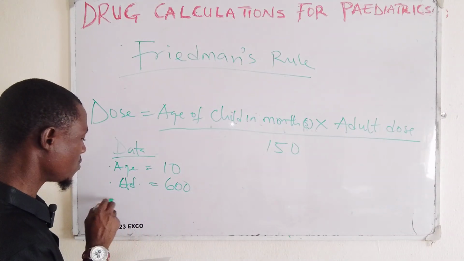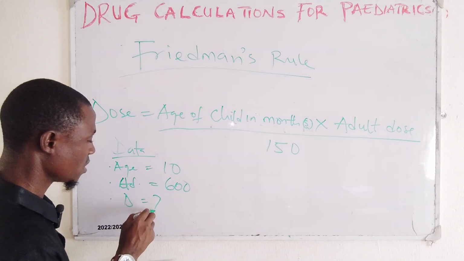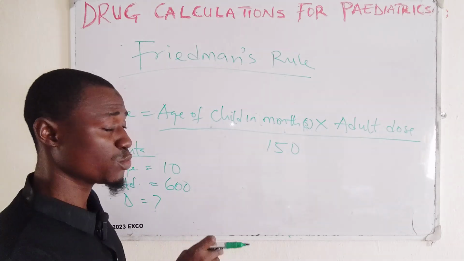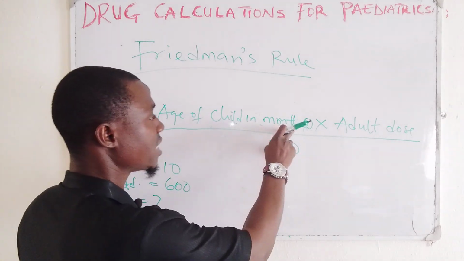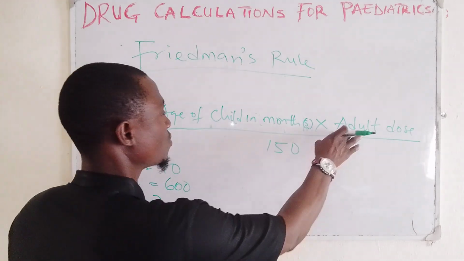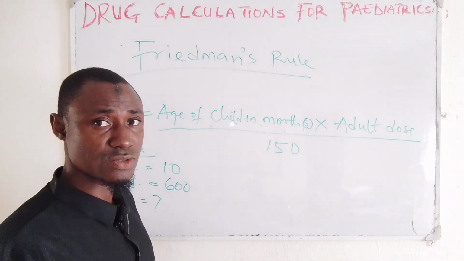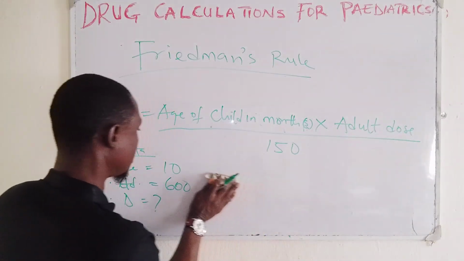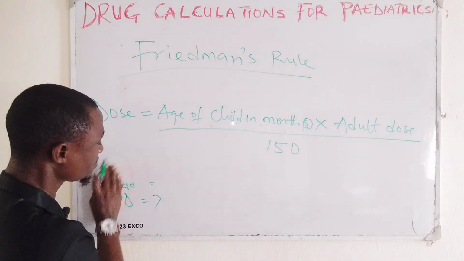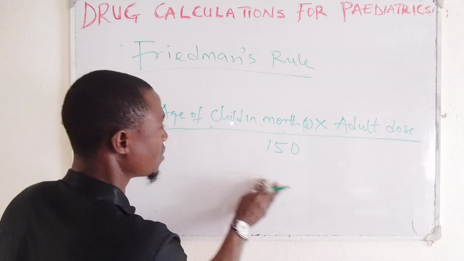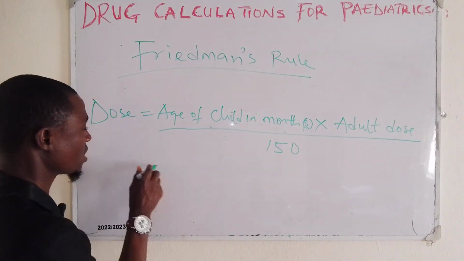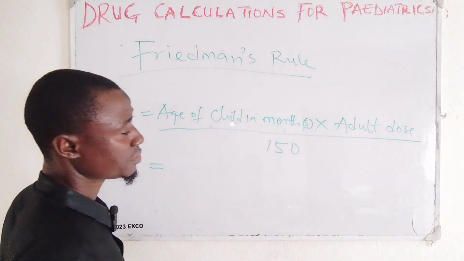So what are we looking for? We are looking for the dose. So what dose of aspirin will you give to a child of 10 months, considering that the adult dose is 600 milligrams? So quickly, we have our basic information that we require for this calculation. Let's quickly dive into application.